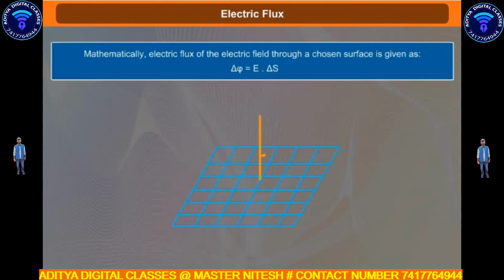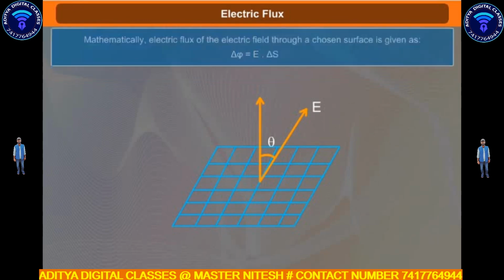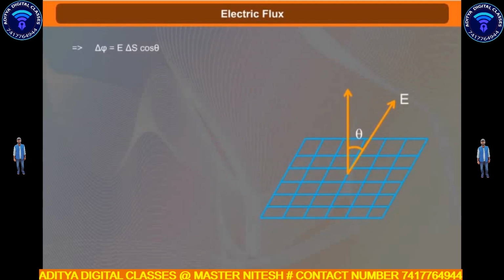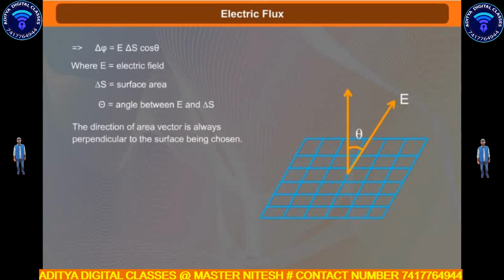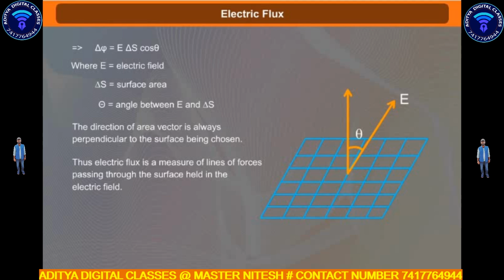Mathematically, the electric flux of the electric field through a chosen surface is given as delta phi equals E dot delta S. This implies delta phi equals E delta S cos theta, where E is electric field, delta S is surface area, and theta is the angle between E and delta S. The direction of the area vector is always perpendicular to the surface being chosen. Thus, electric flux is a measure of lines of force passing through the surface held in the electric field.